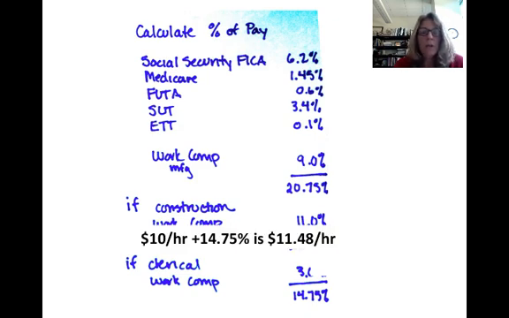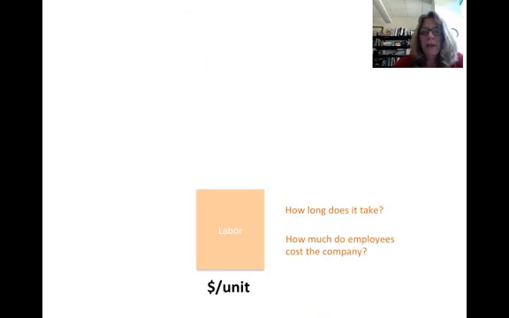If the clerical worker gets $10 an hour, then we add to that $10 an hour 14.75%, which makes the cost to the company $11.48. So that's how you go through and calculate these pay rate values. This is the method I think you will use in your project, but the other method is more accurate for an individual employee.